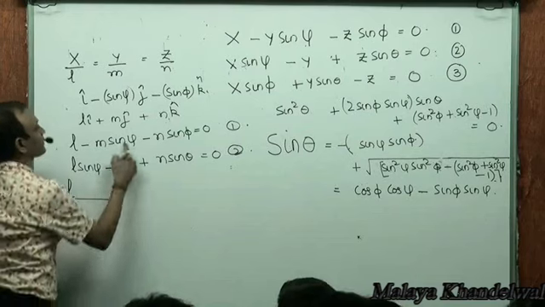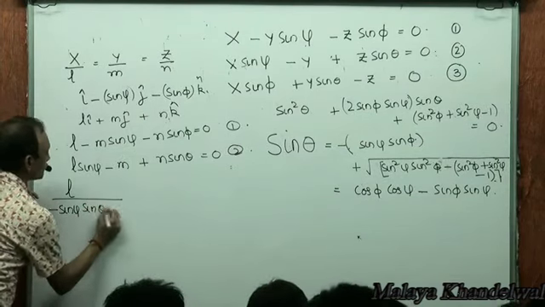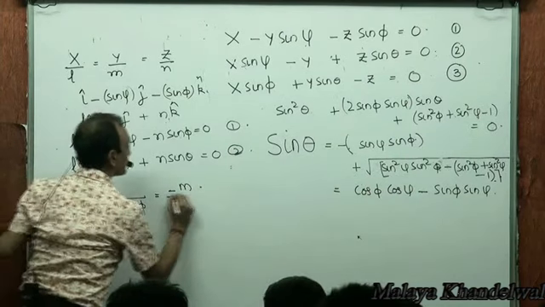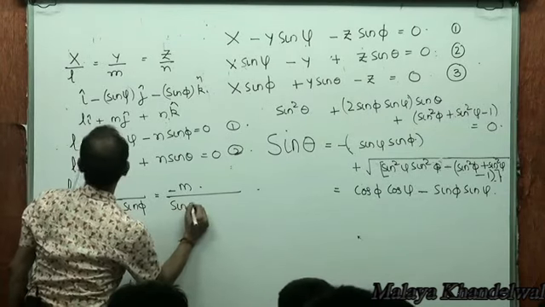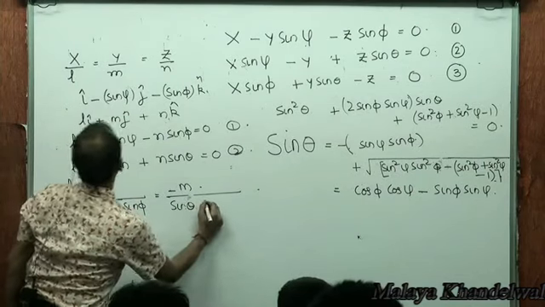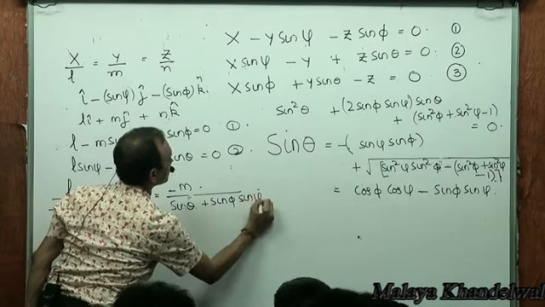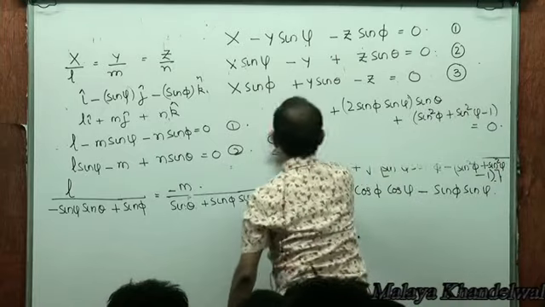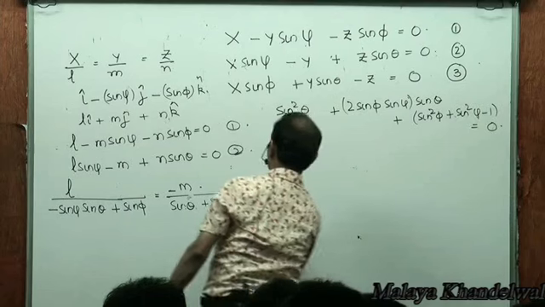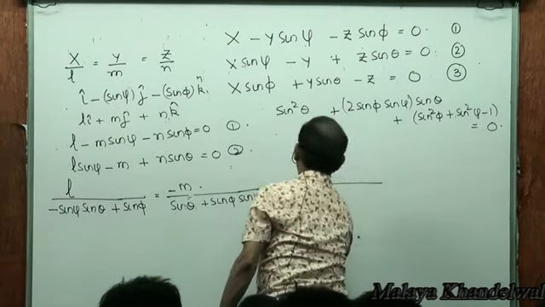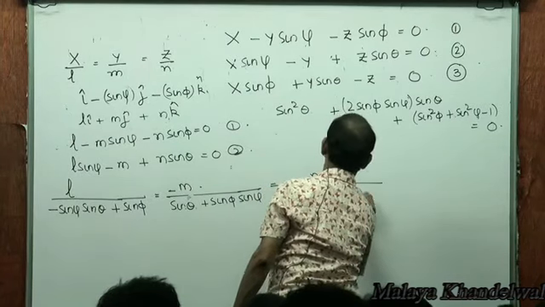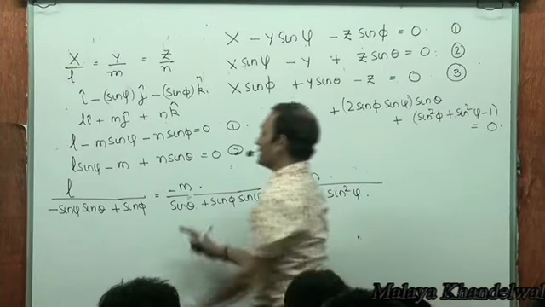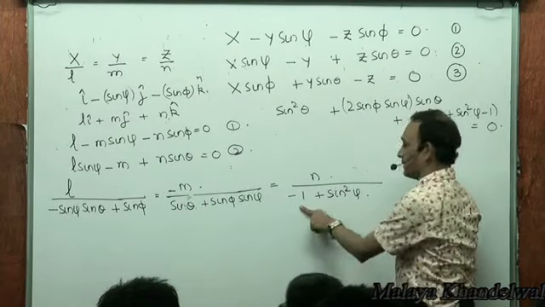So L divided by minus sine xi sine theta plus sine phi equals minus m divided by sine theta plus sine phi sine xi, right? I could have also used a cross product for this, but it's all the same, equals n divided by minus 1 plus sine square xi. Right? So I can replace L by this number, m by minus of this number, n by this number, and this is obviously minus cos square xi.